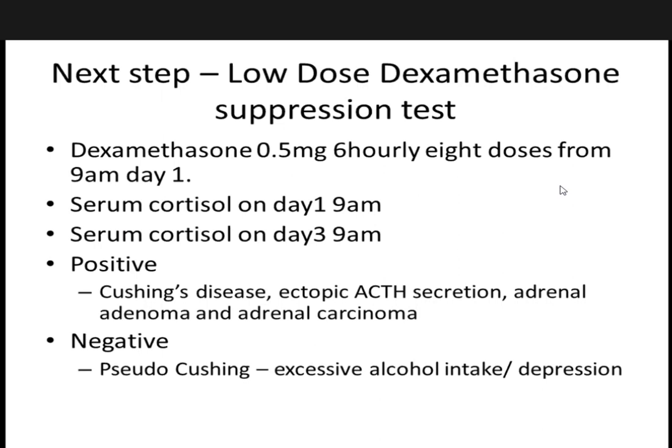In pseudo-Cushing's conditions, this test will be negative. Right? So you start with the overnight dexamethasone suppression test as a screening test, and then you go for the low dose dexamethasone suppression test. Right? So that is positive in Cushing's disease, ectopic ACTH secreting tumors, adrenal adenomas, and adrenal carcinoma.